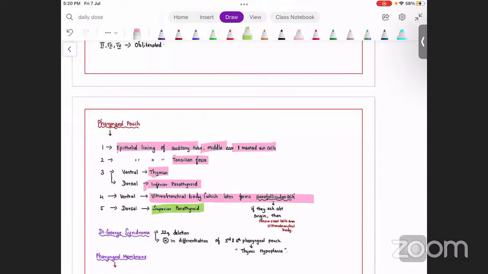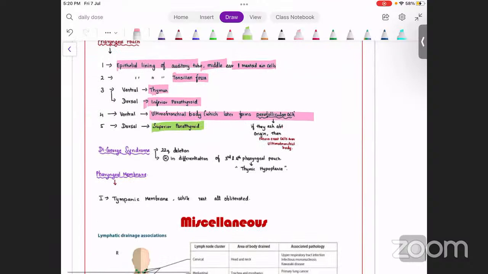Apart from that, the third and the fourth pharyngeal pouches have to be differentiated. Improper differentiation or absence of differentiation of the third and fourth pharyngeal pouches results in thymic hypoplasia, because thymus comes from the third, which is seen in DiGeorge syndrome.